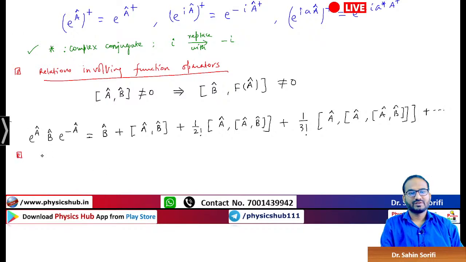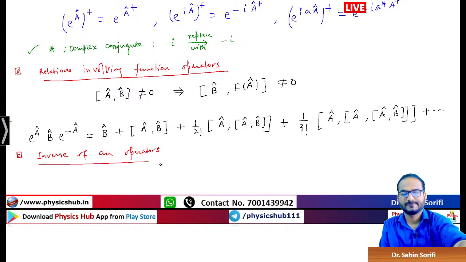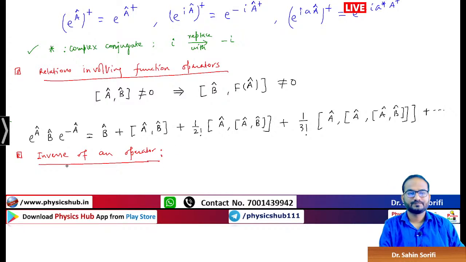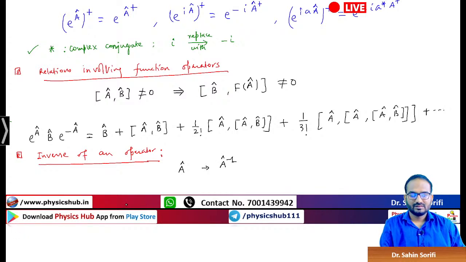Let's talk about the inverse of an operator. So let's say we have an operator A, its inverse is denoted by A inverse, and we can say that A inverse exists, and we can confirm this existence of A inverse by this relation.